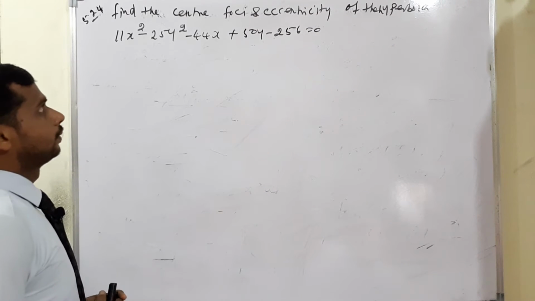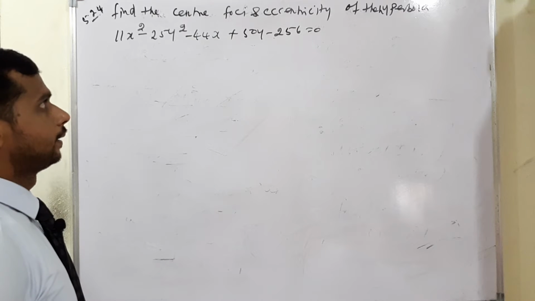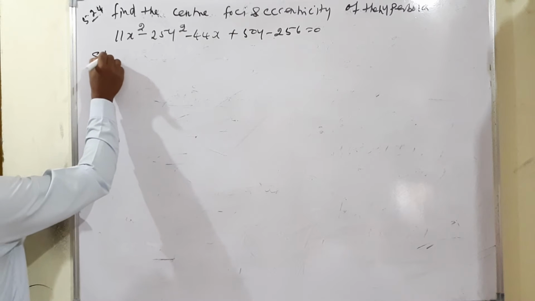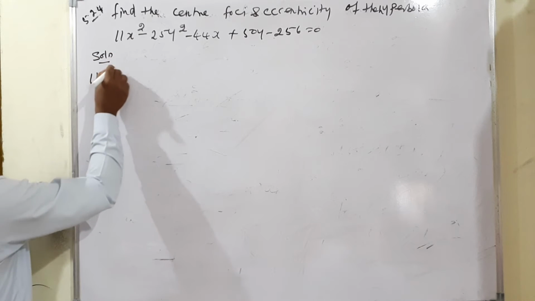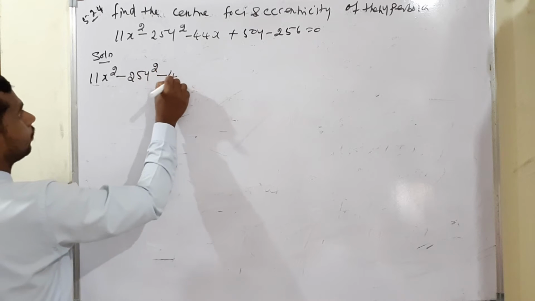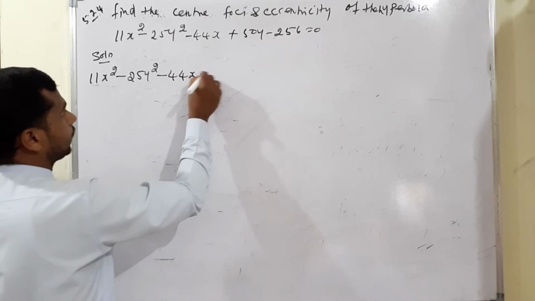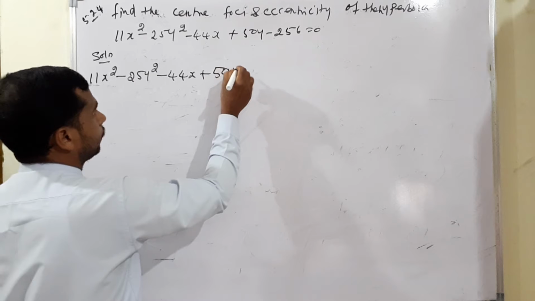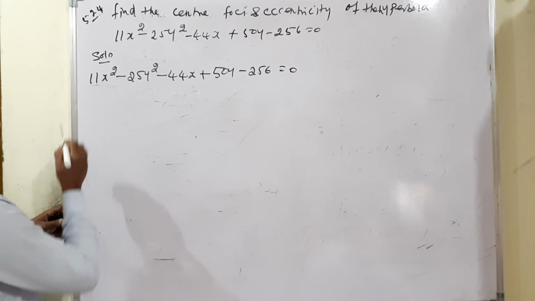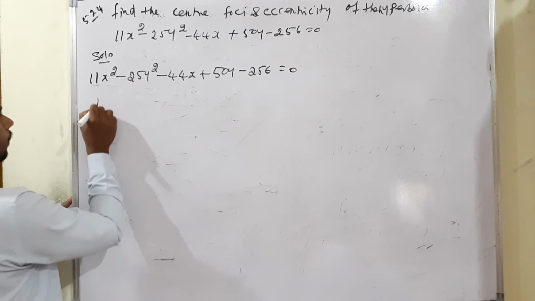Example 5.24 question: find the center, foci and eccentricity of the hyperbola. Solution: 11x square minus 25y square minus 44x plus 50y minus 256. Again grouping x and y terms.